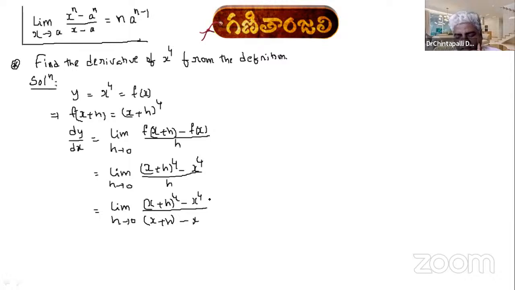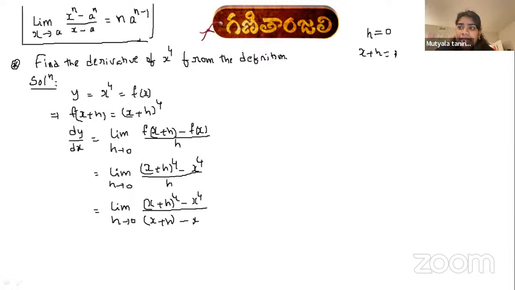If you write h like this, it can be compared to this formula. Limit x tends to a; here limit x plus h tends to x. See, if h is equal to 0, add x on both sides, h plus x equals x. So h tends to 0 means x plus h tends to x.